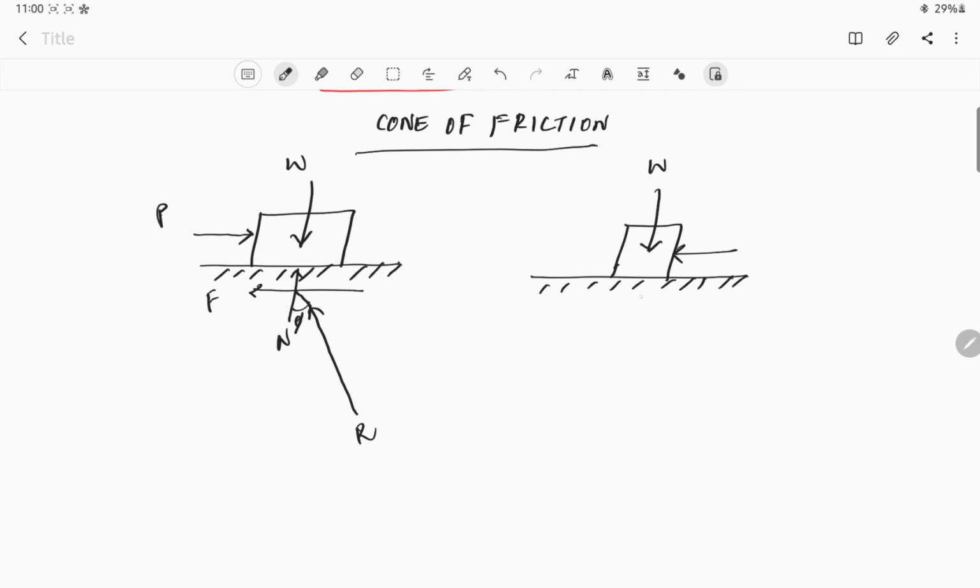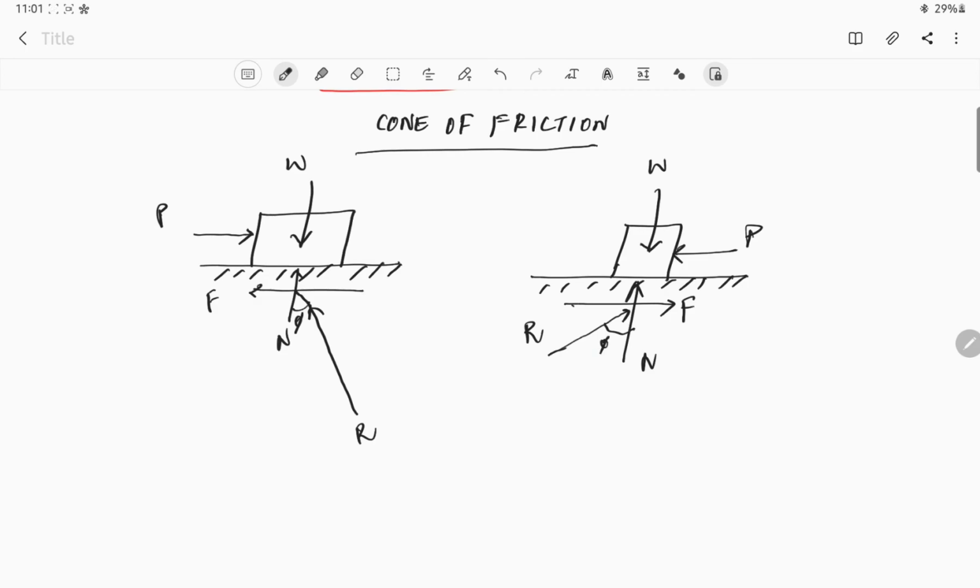So what happens here? Normal reaction will be as it is, this is P, and the frictional force will act in the opposite direction to the movement of the body. This is F, the frictional force. My resultant will act in this direction, and this is the angle of friction.